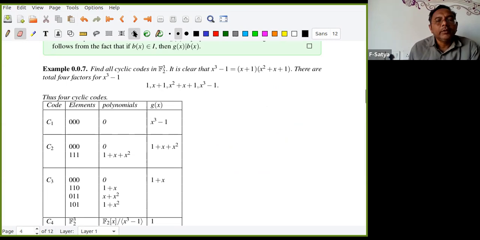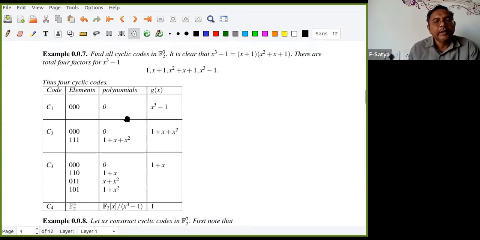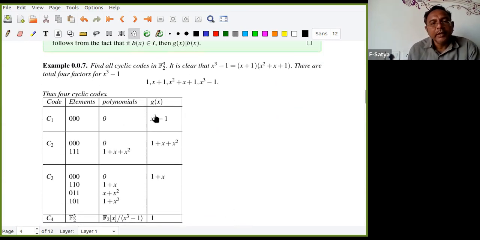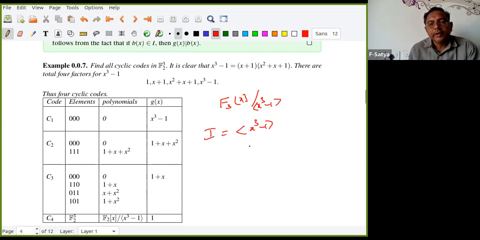Now we'll figure out what those linear codes are. If I take the entire polynomial, I'll get back to why that is. In F2[x] quotienting by x cube minus 1, my ideal is x cube minus 1 itself.